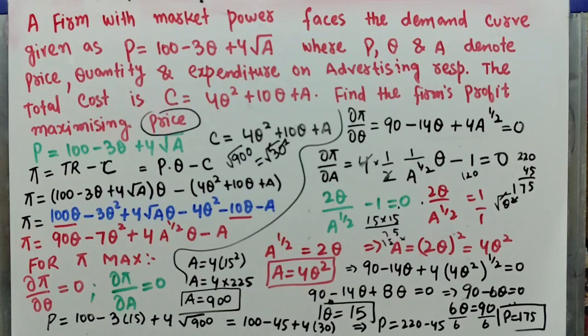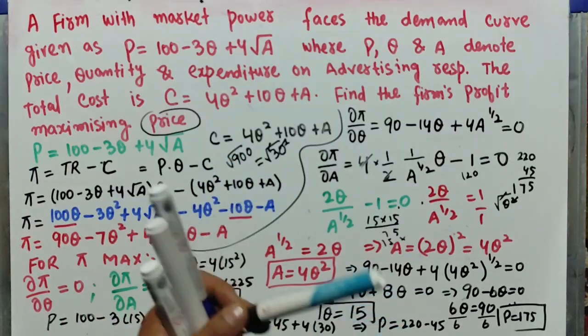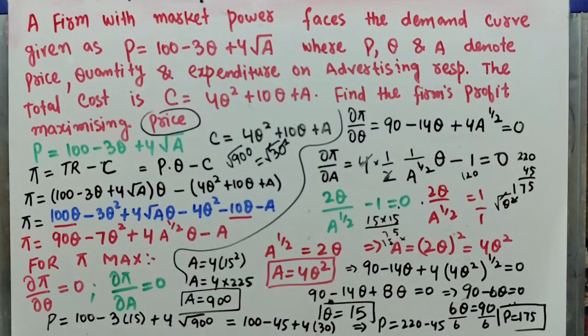So to find out the profit maximizing price when the level of expenditure on advertising is given, we have two conditions for profit maximization. We need to find the marginal profit with respect to output and set it equal to 0, and the marginal profit with respect to the level of advertising expenditure and set it equal to 0. When we solve these two equations, we get A is equal to 4Q square.